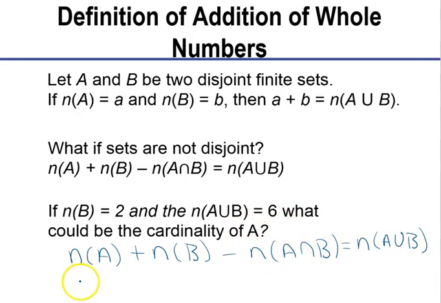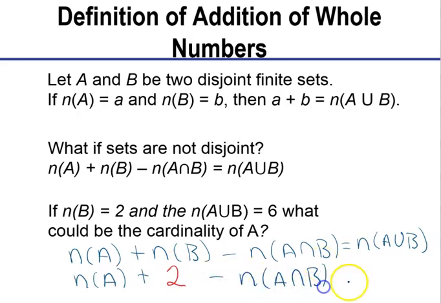Now let's fill in what we know. The number in A plus the number in B, remember they told us is 2, and then we have minus the intersection, we don't know the intersection, or even if there is an intersection, and that's equal to the number in A union B, which is 6. Now what we need to imagine is what could be the cardinality of A to make this true.